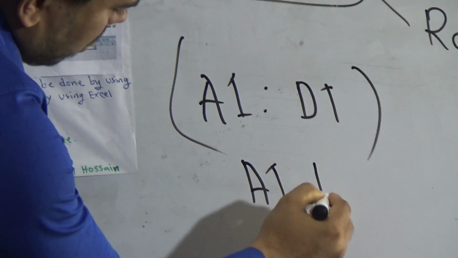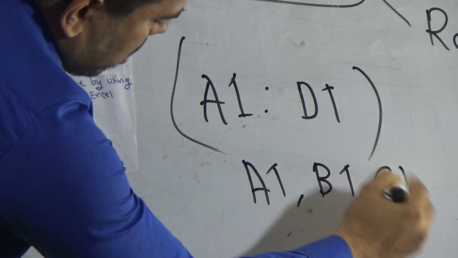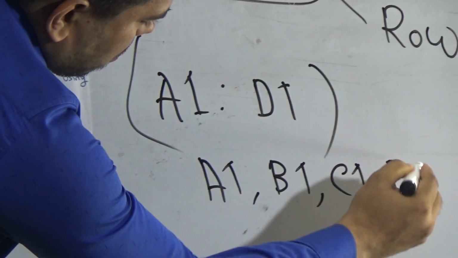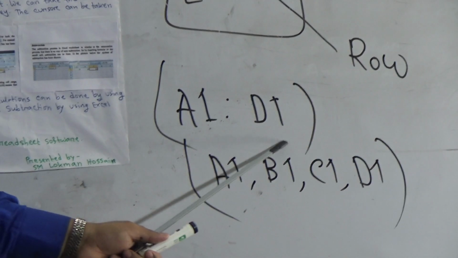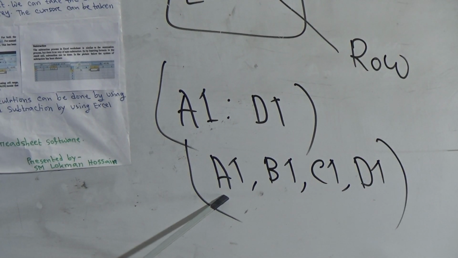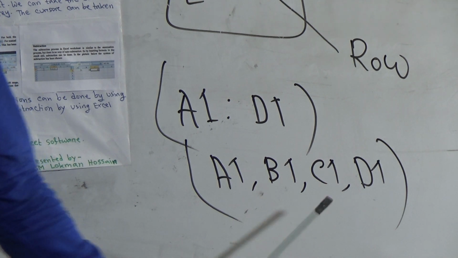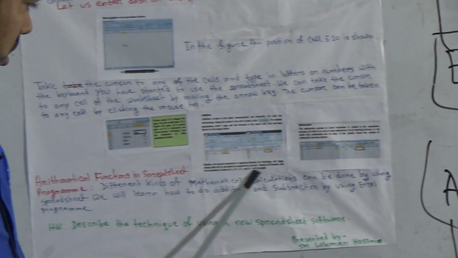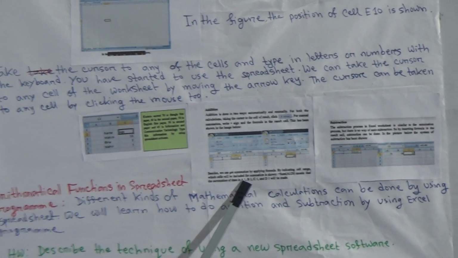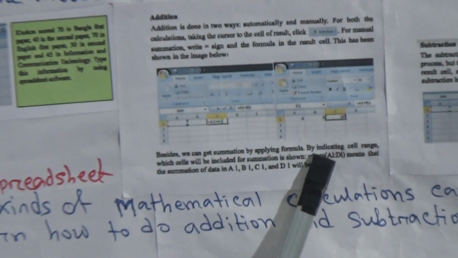It means A1, B1, C1 and D1. A1 colon D1 indicates from A to D. The summation of data in A1, B1, C1 and D1 will be made.